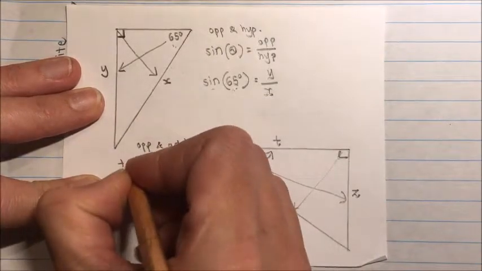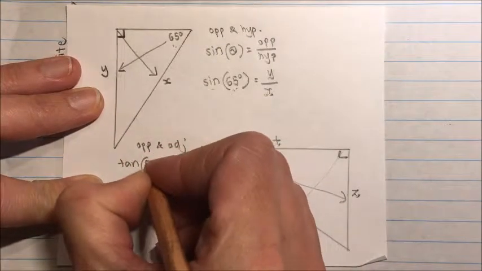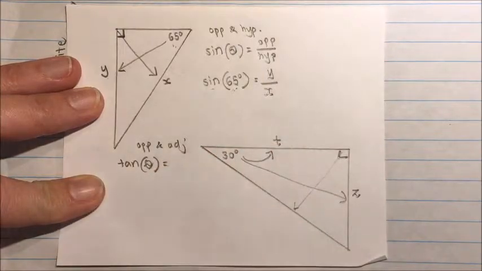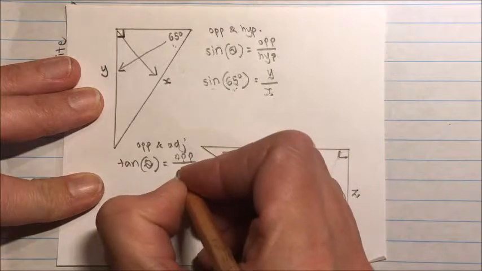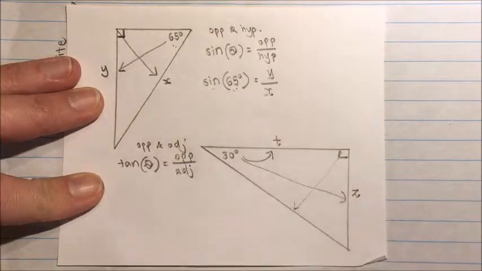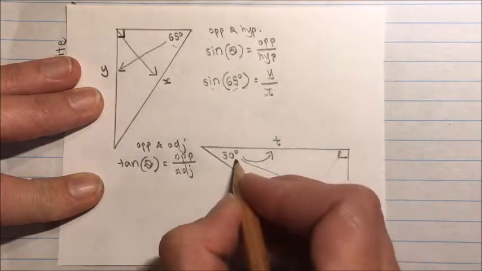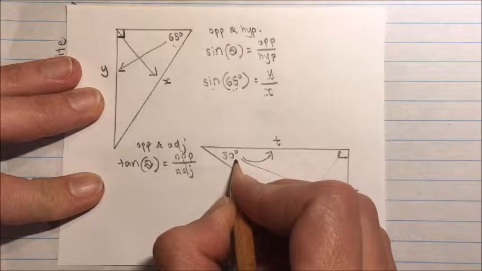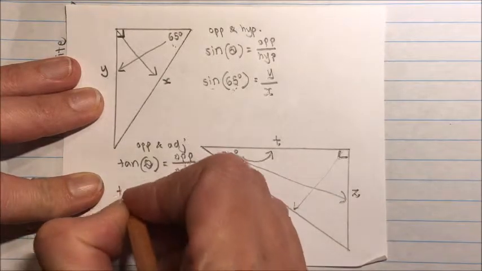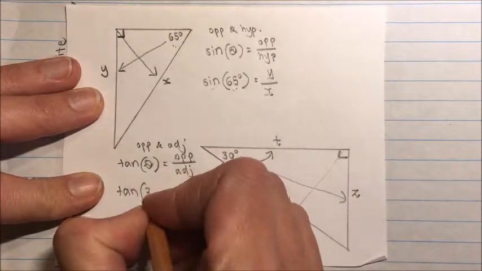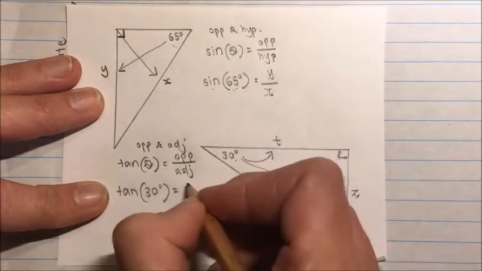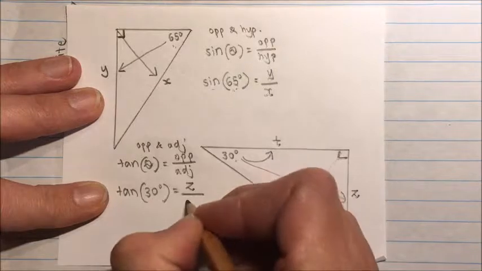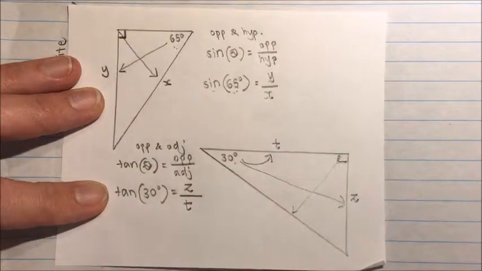I know that the tangent of a reference point can be found by dividing the opposite by the adjacent. So, again, I don't just have a reference point, I've got a real angle this time. So I can say tan 30 degrees is my opposite side, in this case, Z, divided by the adjacent.